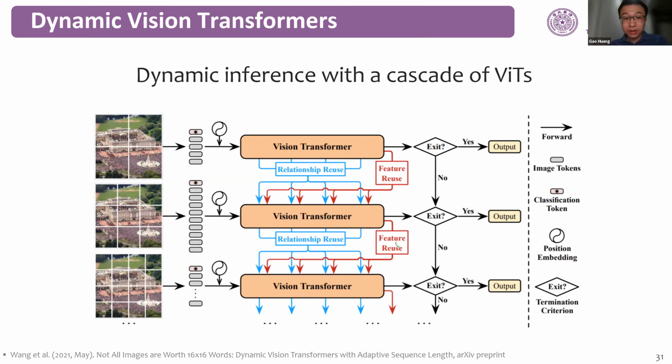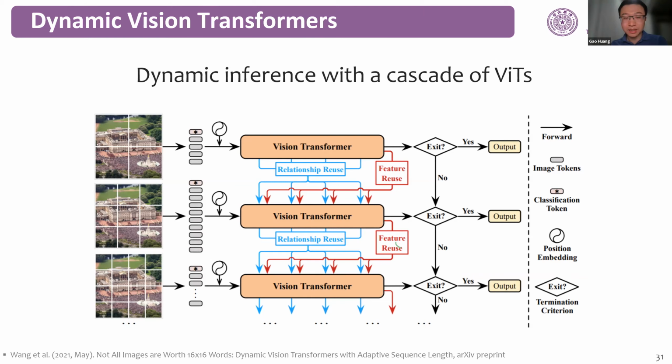So for some easy ones, if we can gain sufficient confidence, we can directly exit. We can directly retrieve the prediction without running inference on the rest of the cascade. And for those hard ones, we will run a larger vision transformer that has more fine-grained token representations.